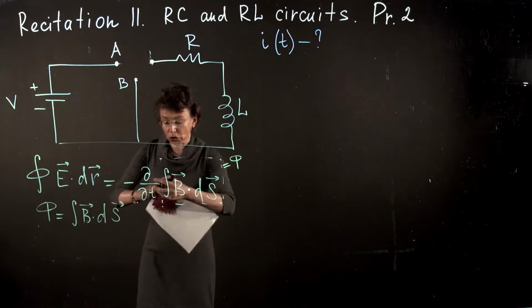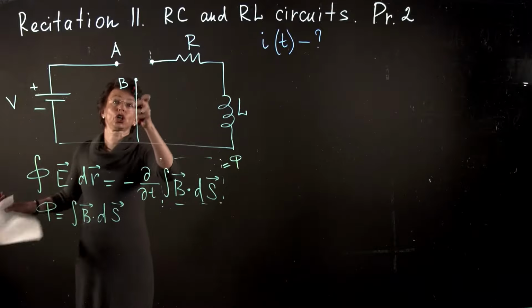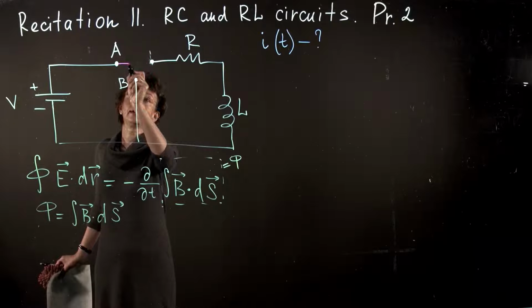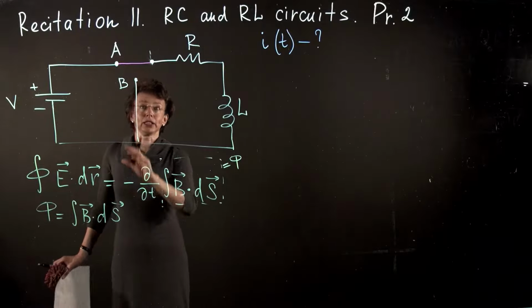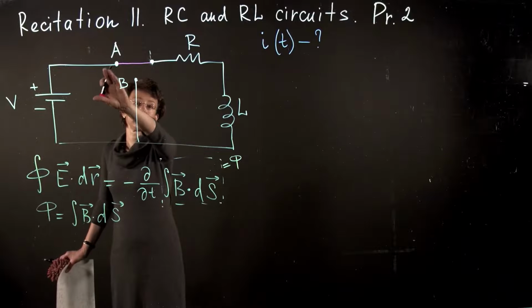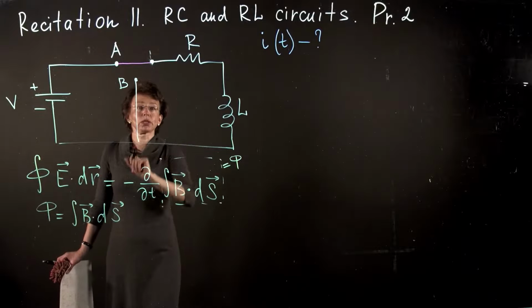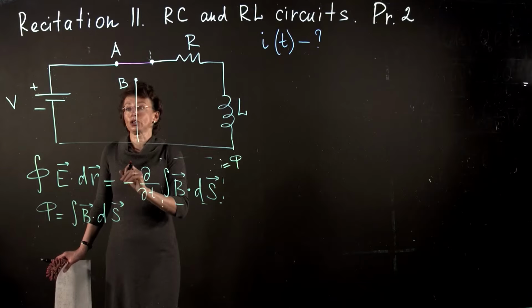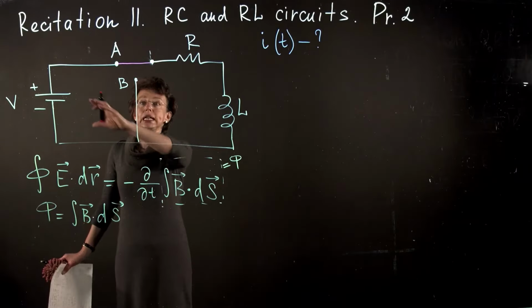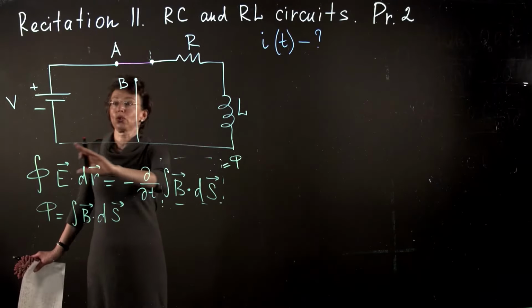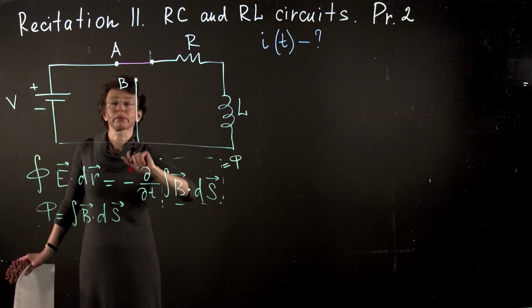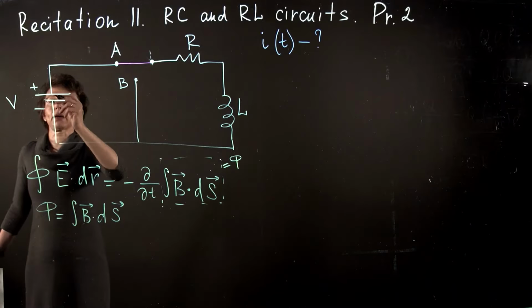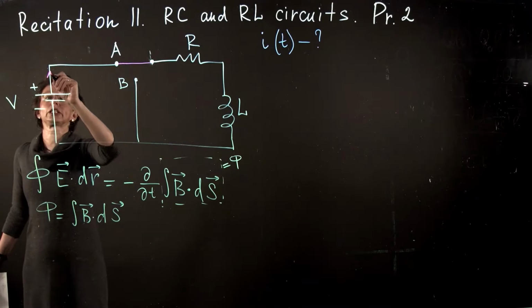Well, first of all, the switch was in position A for a long time, which means that steady state was reached. So let's find the current in steady state through this circuit. We follow our steps. The direction of current, let it be clockwise.